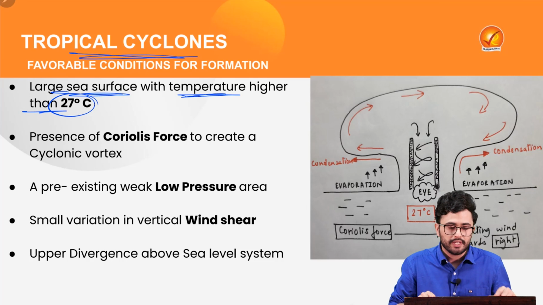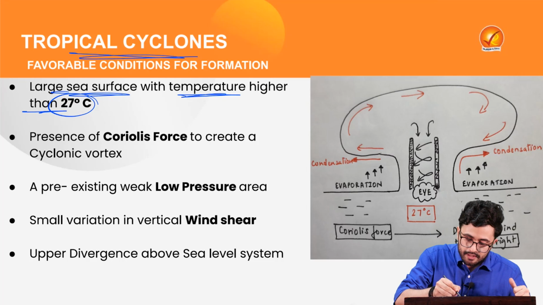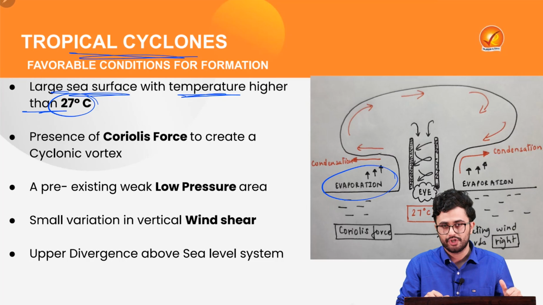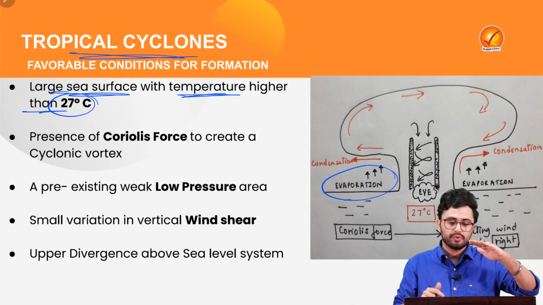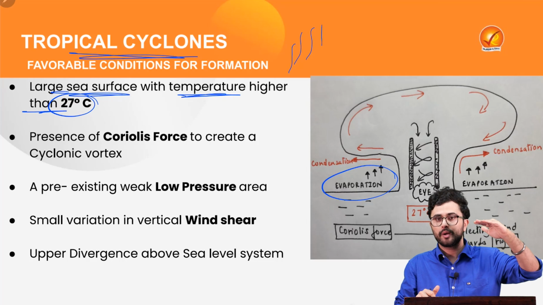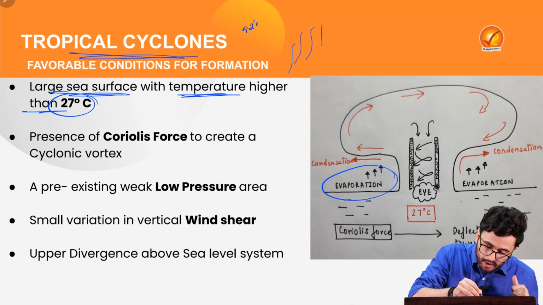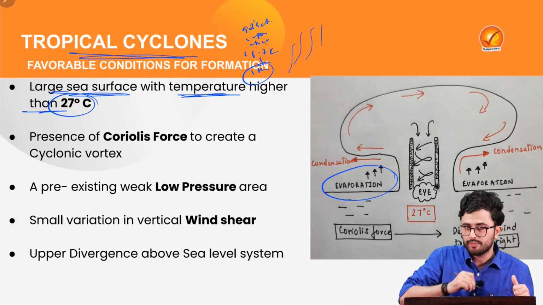The reason being that with such high temperature, there will exist a high rate of evaporation, which will lead to moisture which will rise above. And as we go above in altitude, the temperature will decline, which is called the adiabatic lapse rate, which is 6.7 degrees Celsius per 1 kilometer.